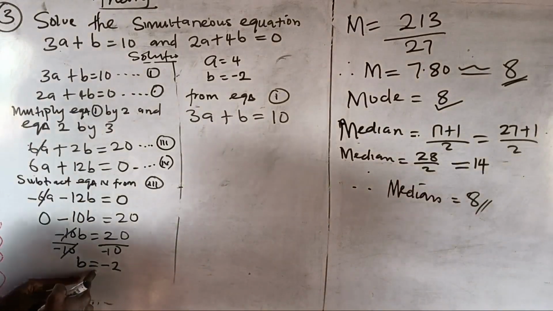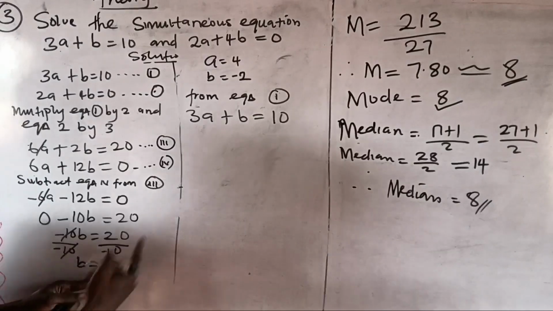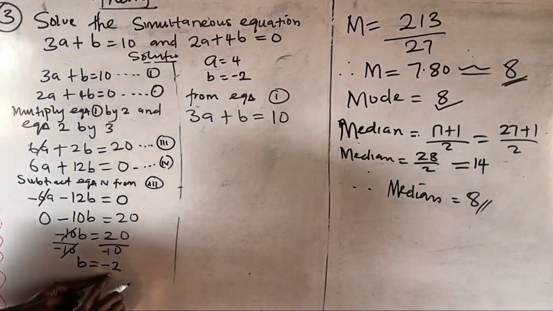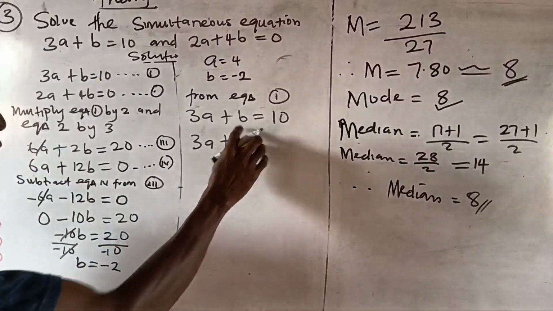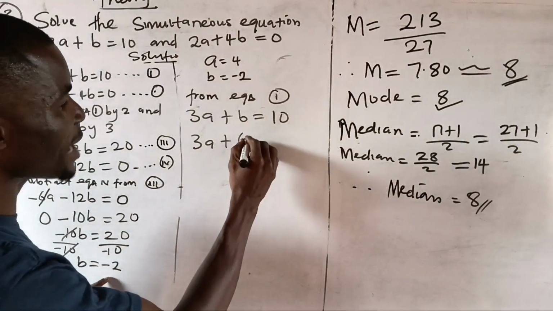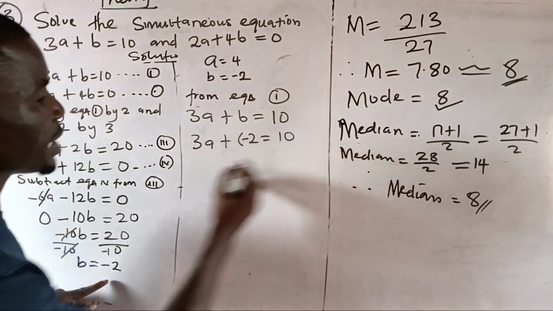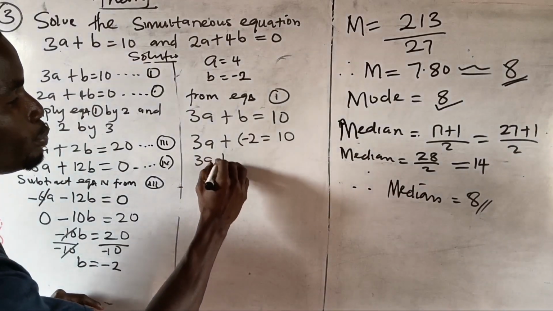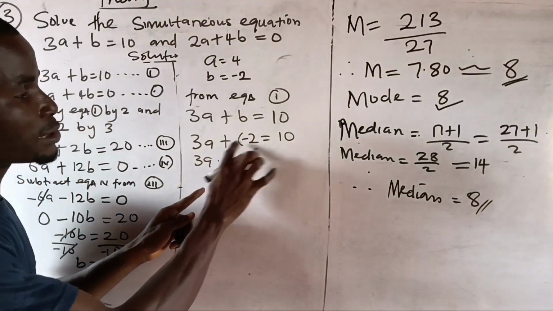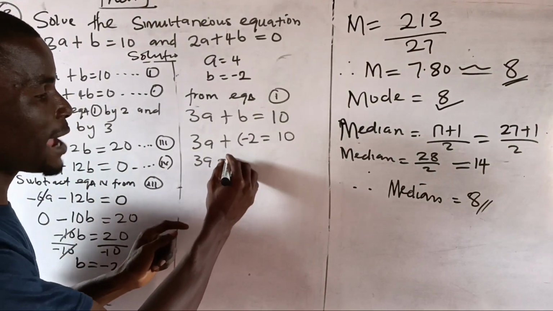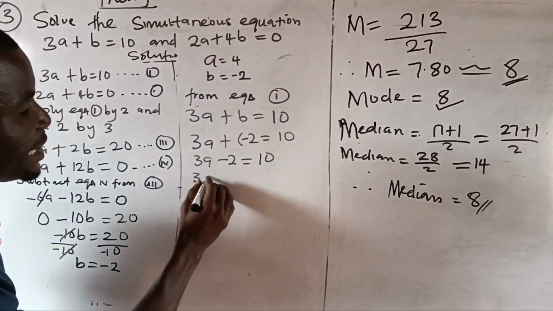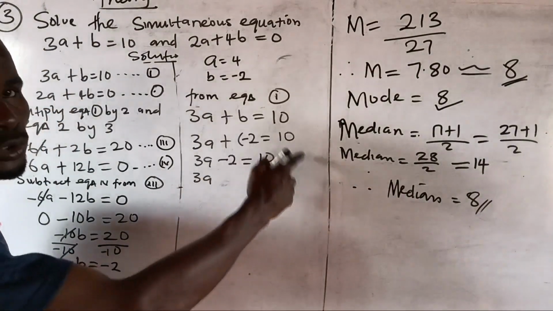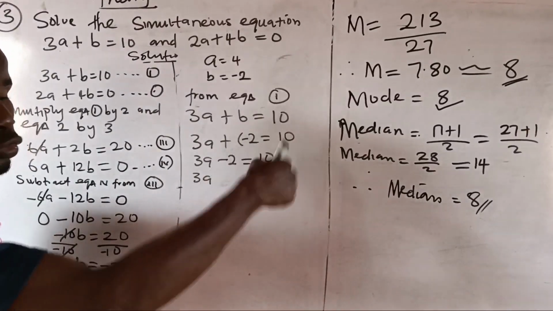Now let's substitute this value, which is minus 2. Anywhere I see b, I'm putting minus 2. So I have 3a plus minus 2 equals 10. Plus times minus will give me minus, right? That is 3a minus 2 equals 10. This minus 2 is going to the other side, so it will turn to plus.